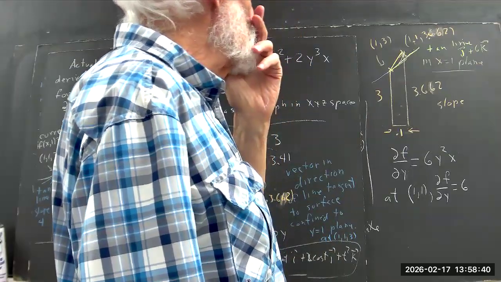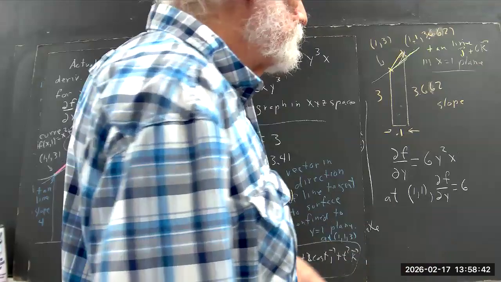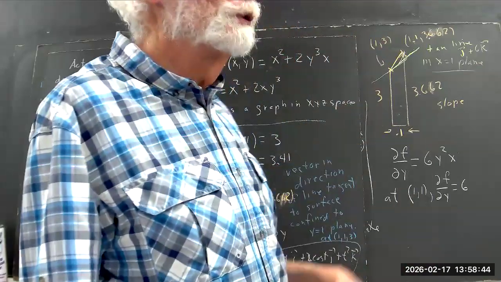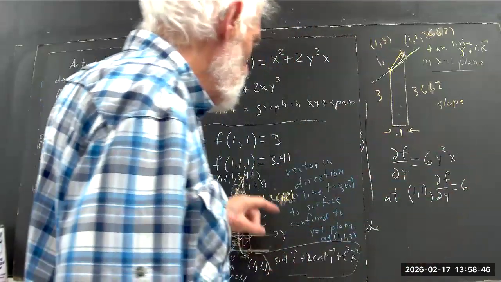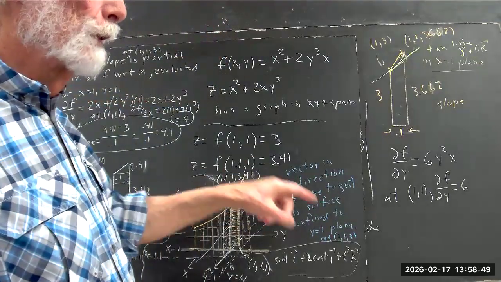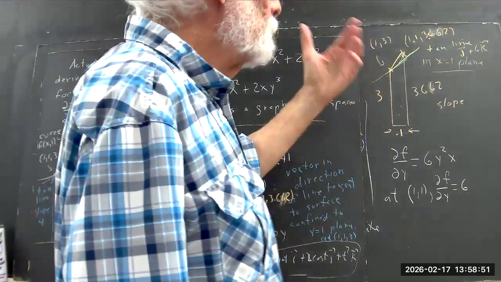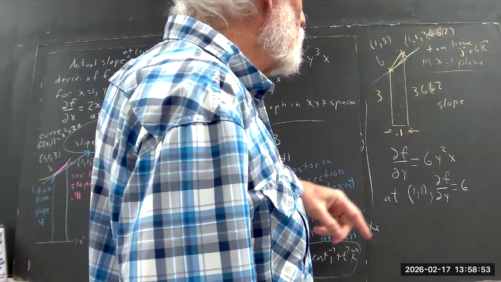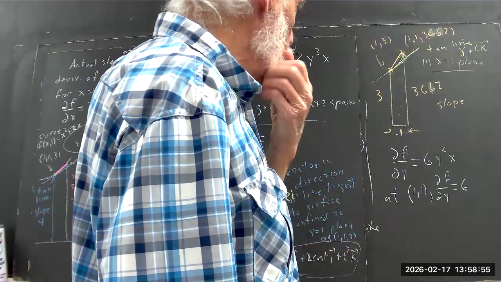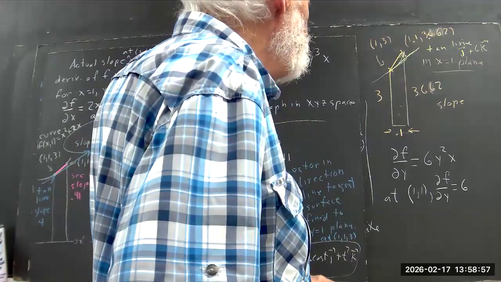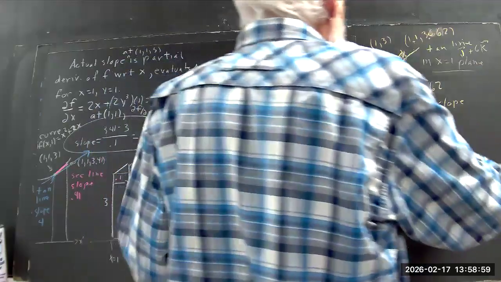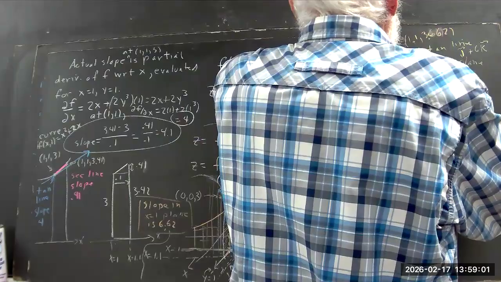So what's the slope? Okay, somebody gave me a 0.62, and that was when I had 3.62 instead of 3.662. It's actually 6.62. And I didn't write down what the slope was.